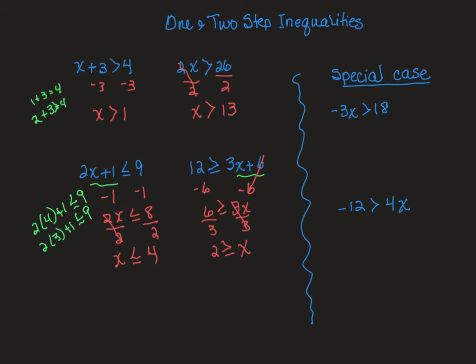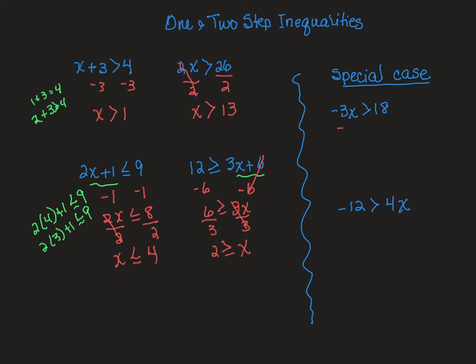Notice that in this problem, negative 3x is greater than 18, the x is negative. If the x is negative, you have to divide by a negative to solve for just x, and you're going to have to flip the sign.